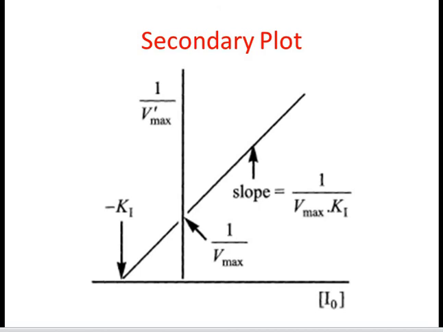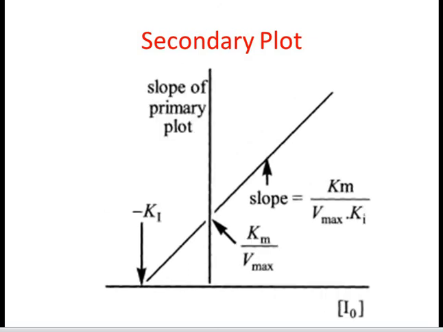Hence a secondary plot of 1/V'_max against I0 will be linear, the intercept on the I0 axis giving minus K_I. A graph of the slope of the primary plot against concentration of I0 will also be linear, the intercept on the I0 axis giving minus K_i, which means that a graph of K'_m against concentration of I0 will not be linear.